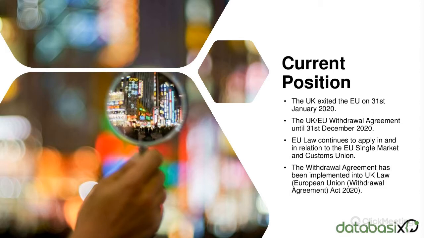I think it's useful to put a position as to where we are today and where we need to get to come the 1st of January 2021, which feels like it's quite a long way away considering how long 2020 has felt. So the UK has now left the European Union.